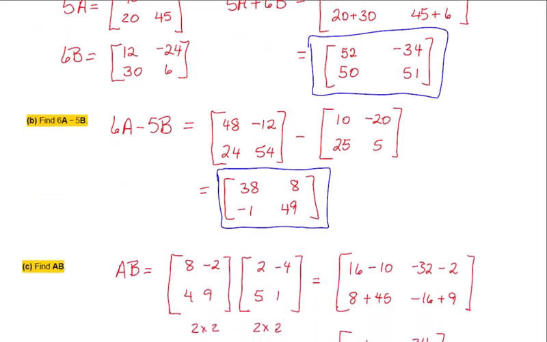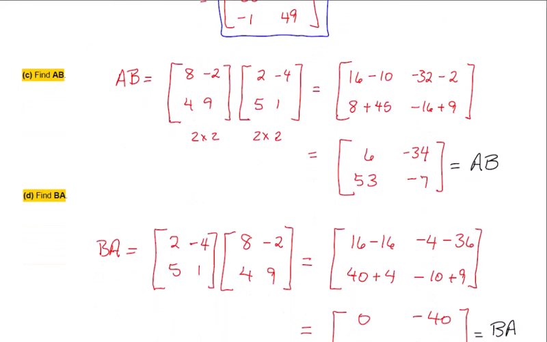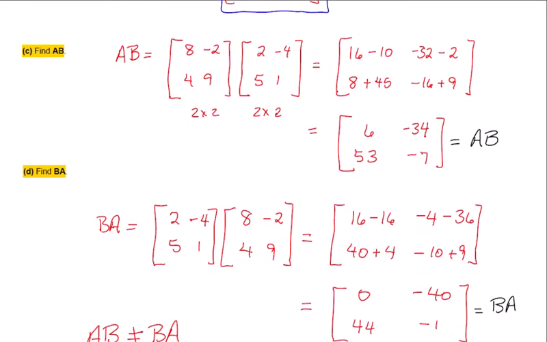All right, continuing on, we next look at A multiplied by B. When you multiply two matrices together, you have to first see, is it defined or not? So looking here, matrix A is 2 rows, 2 columns. B, 2 rows, 2 columns.